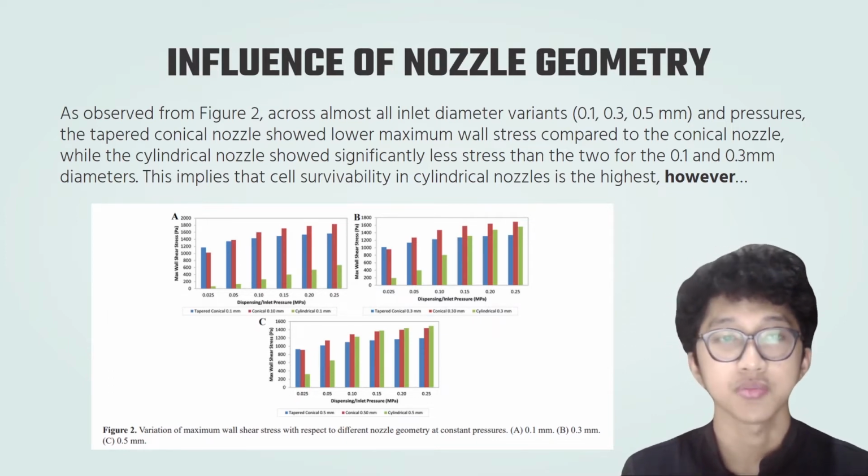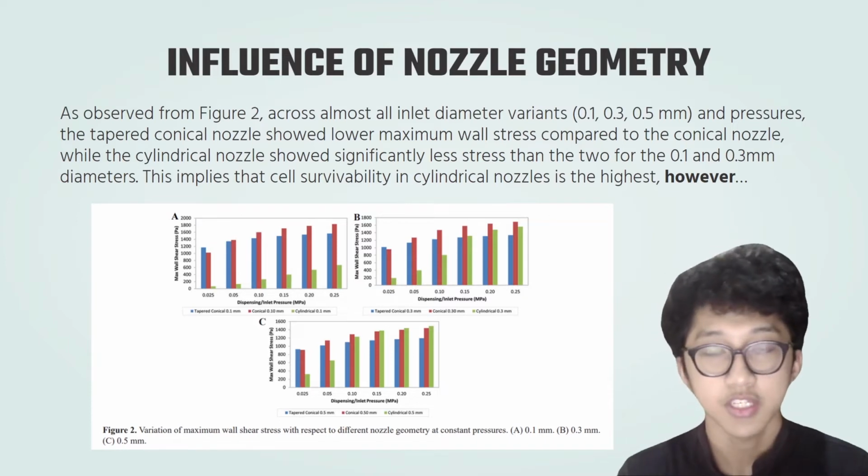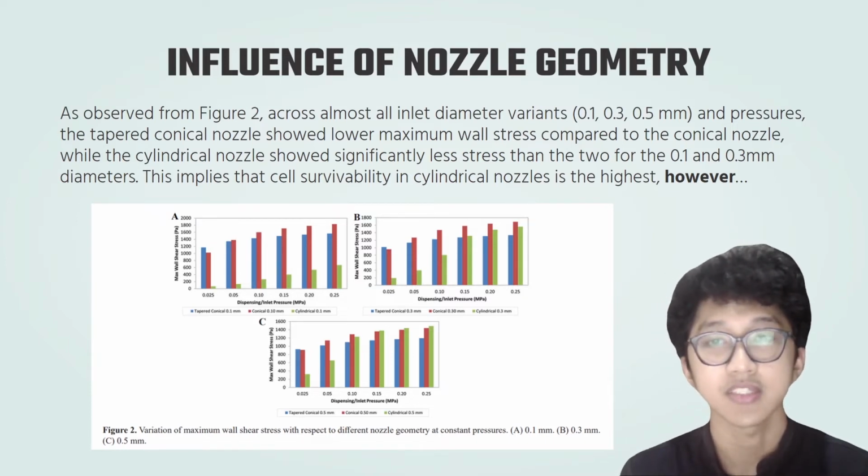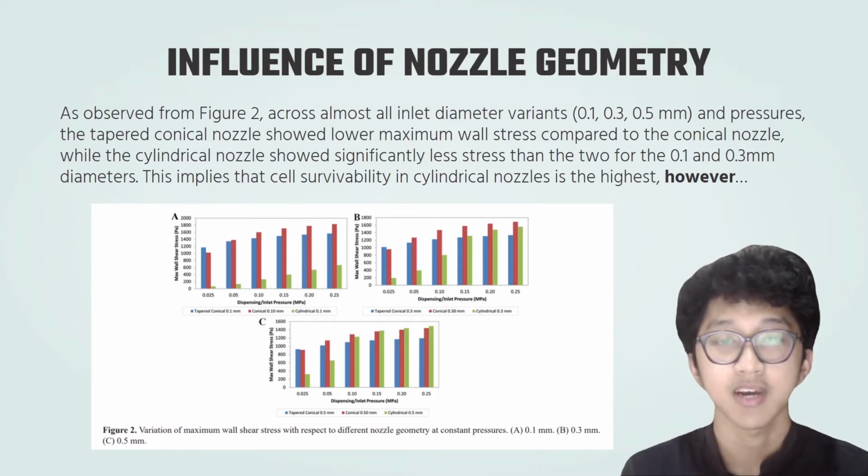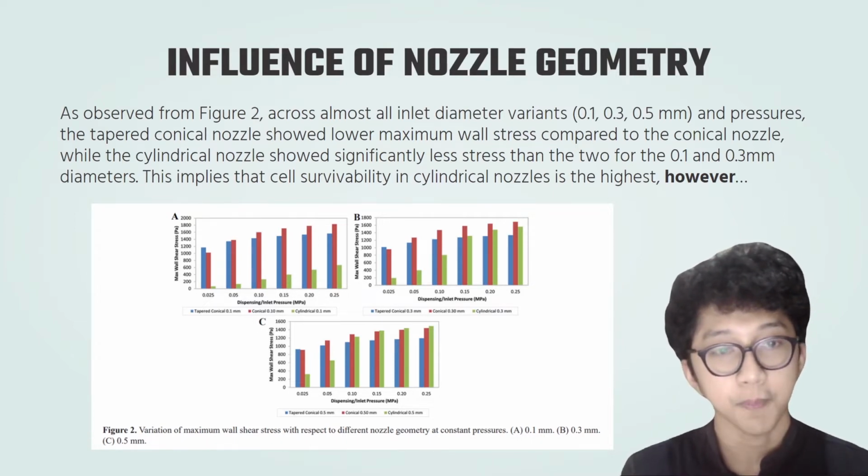But here we also observed that the cylindrical nozzle showed significantly less stress than the two, especially for the 0.1 and 0.3 millimeter diameters. This would generally imply that the cell survivability in cylindrical nozzles should be the highest, since it provides the least amount of stress compared to the other two types.